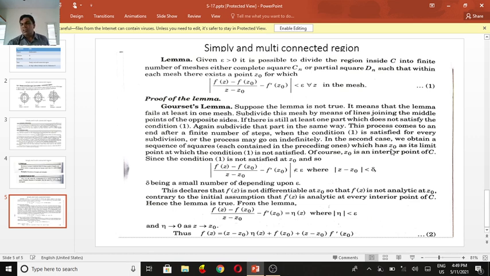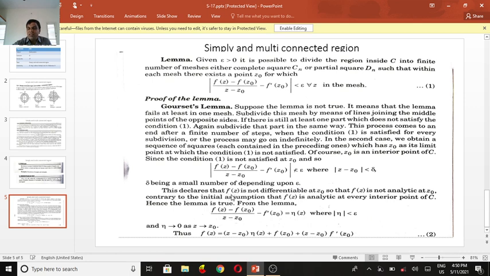Of course, z0 is an interior point of C. Since condition 1 is not satisfied at z0, the absolute value of (f of z minus f of z0) divided by (z minus z0), minus the derivative of f of z0, is not less than epsilon, where the absolute value of z minus z0 is less than delta, delta being a small number depending upon epsilon.